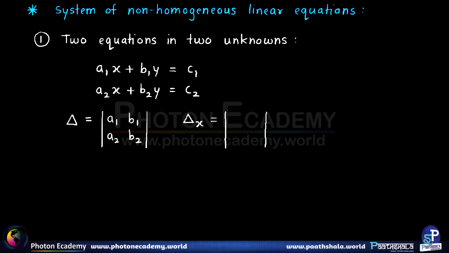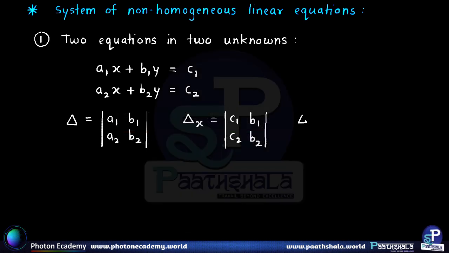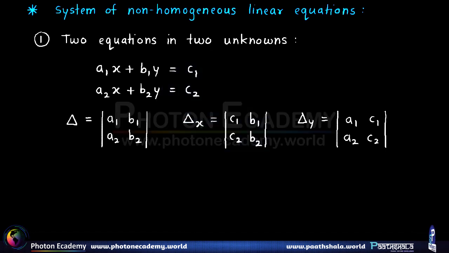Therefore delta x will have c1, c2 column wise, and the other column remains the same as in delta. Similarly we also write delta y. Here the coefficients of x will remain unchanged, whereas coefficients of y will change to c1, c2 in the determinant. So instead of b1, b2 we now write c1, c2.